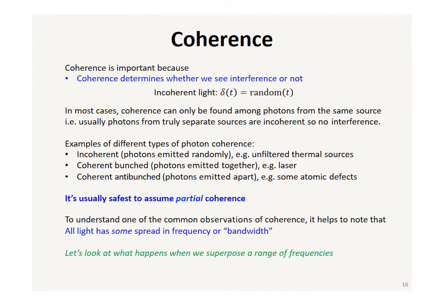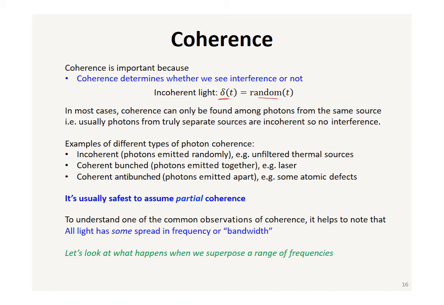Coherence is important if we want to be able to see interference. If light is incoherent, then the phase of the cosine in the interference term becomes a random function of time. In that case, the interference pattern is going to randomly shift around at a rapid rate. It's going to average out and make it impractical to observe.